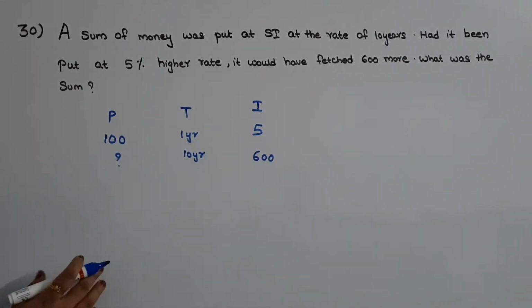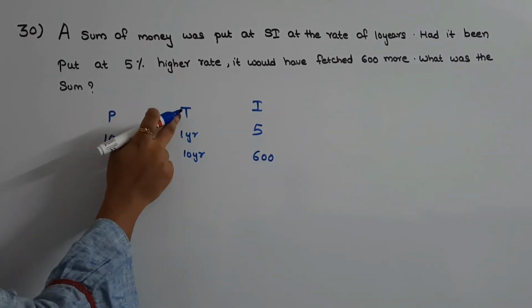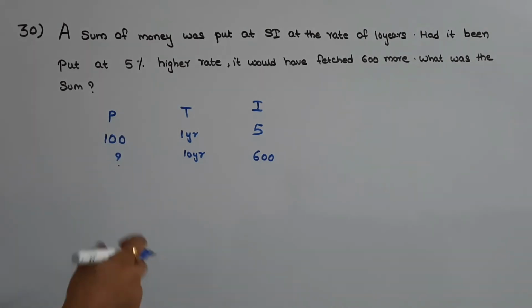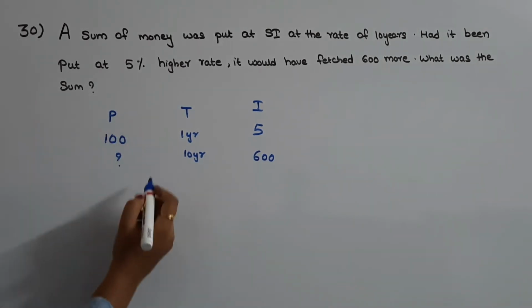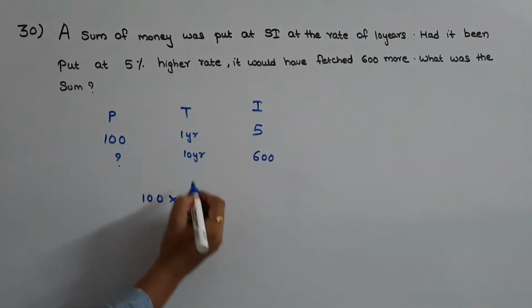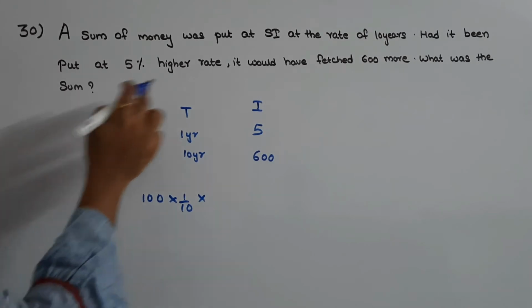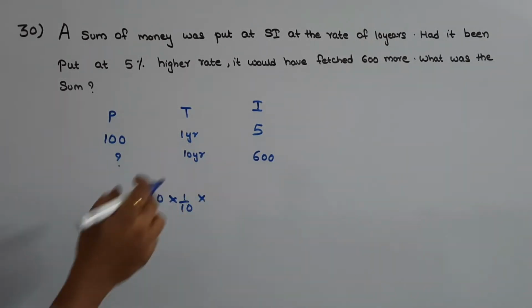Here also the same thing we need to apply. What is the relationship between principal and time? Principal and time are inversely proportional. So, direct multiply, that is 100 into 1 by 10. What is the relationship between principal and interest? They are directly proportional.